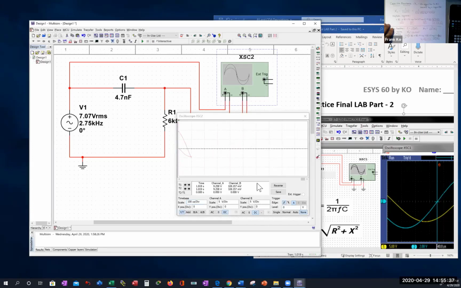And then I have a cursor here, a horizontal cursor. I can slide this left and right. So I'll just slide it so I can see the waveform more clearly. And how can I tell which? Well, channel A is set at 5 volts per division. Channel B is set at 5 volts per division.